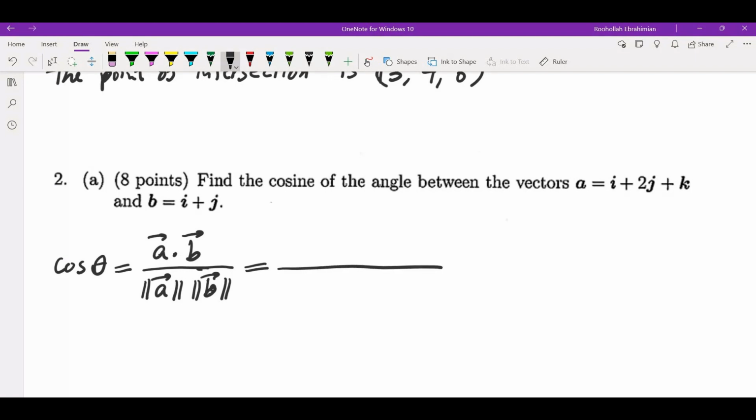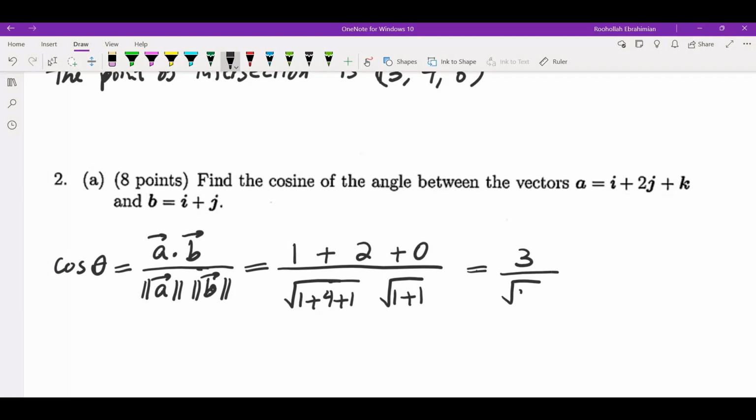The dot product would be 1 plus 2 plus 0, from the coefficients of i, divided by the product of the magnitudes, root 1 plus 4 plus 1, and then root 1 plus 1. So this would be 3 over root 6 times 2, that is root 12. So the answer is root 3 over 2.